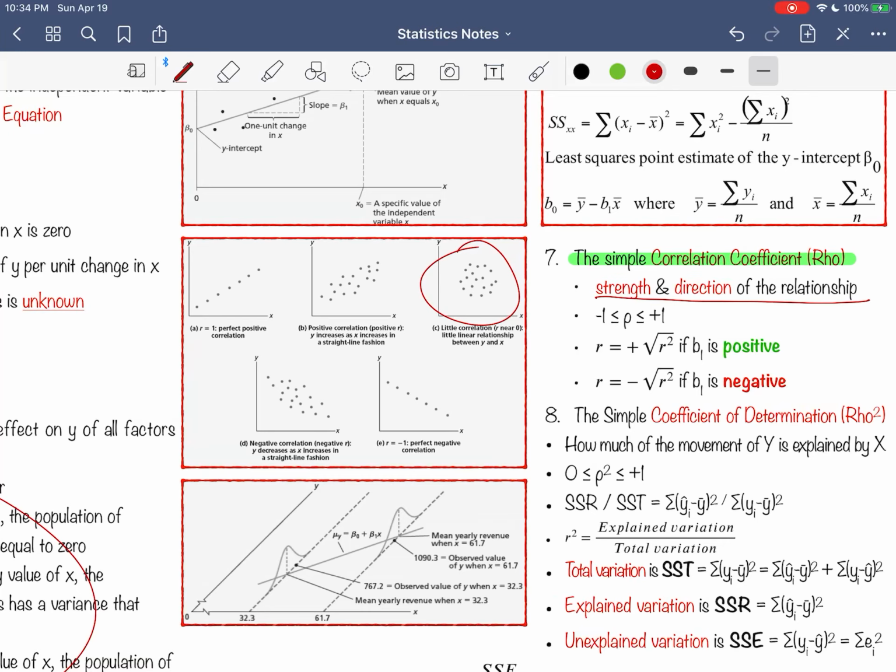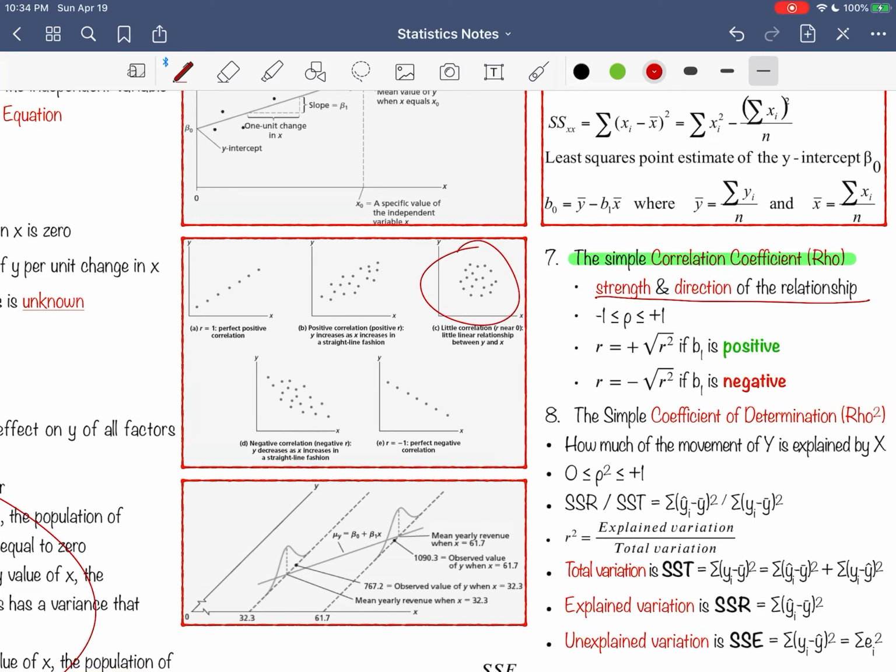So the correlation coefficient is represented by the Greek letter rho. It looks like P. Often in Latin letters, we write it as R. It's a number between -1 and +1. It has no units. Make sure to write that. So no units. It's not in percent. It's not in meters or feet or pounds or kilograms or anything. It's simply a relative measure.